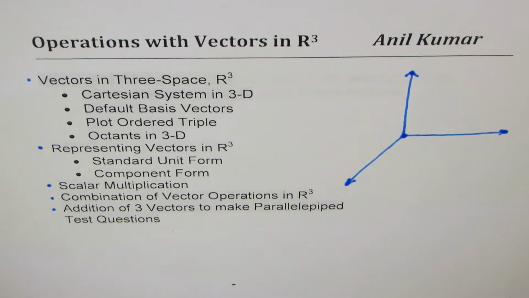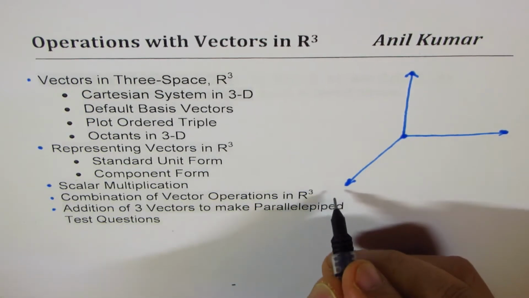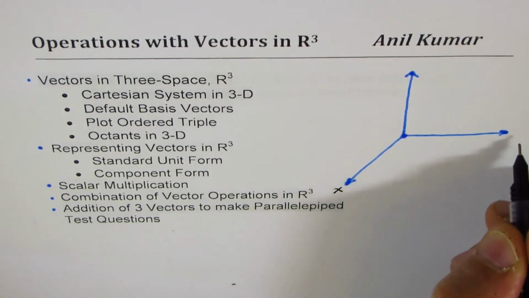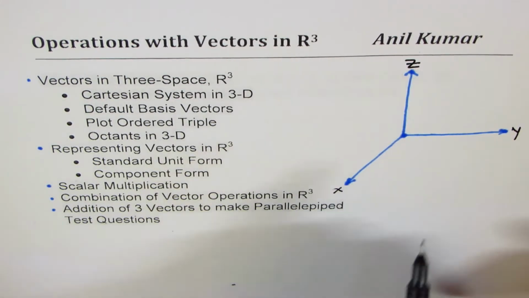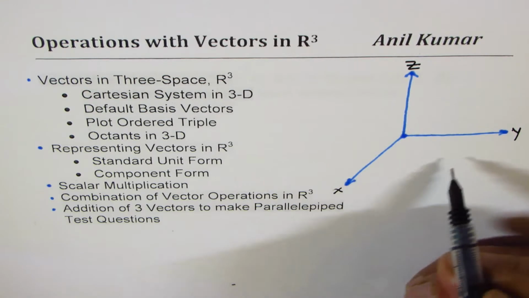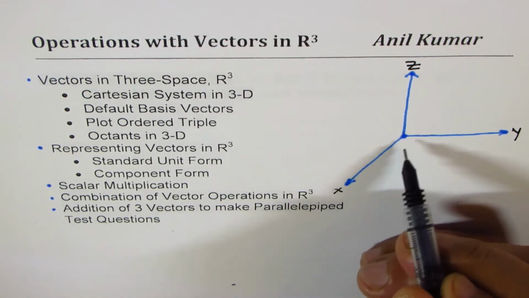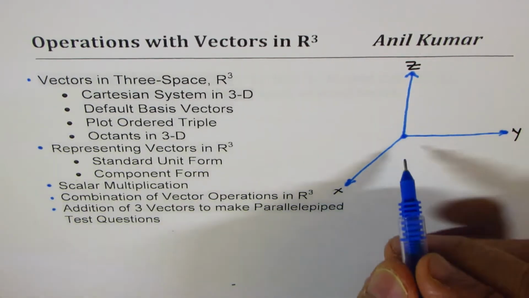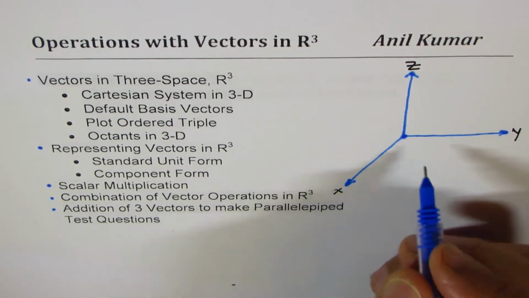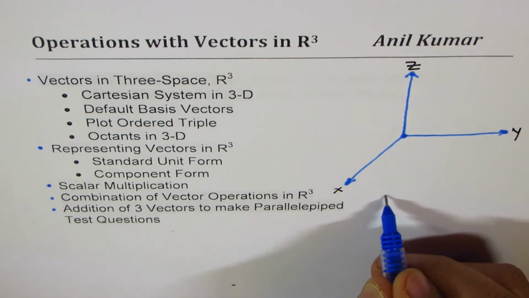So I have sketched here these 3 axes. We name them positive x, positive y, positive z. The idea of having them as positive directions as shown comes from the right hand rule.